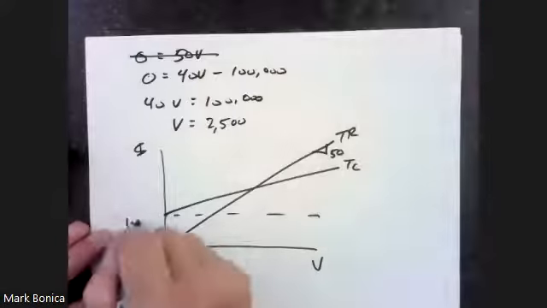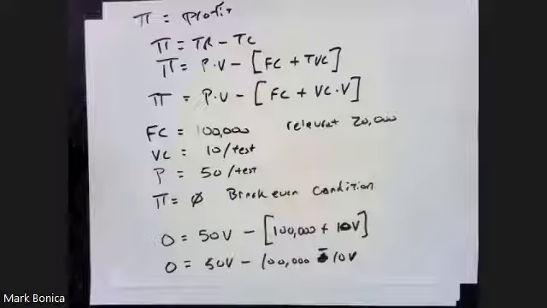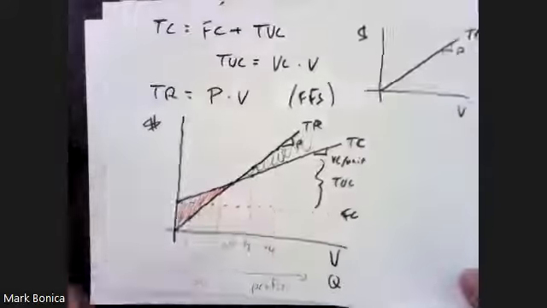What is the slope of the total cost curve? I said it a minute ago. 10. It's the variable cost, right? The slope of the total cost curve is the variable cost. All right, set it up here.